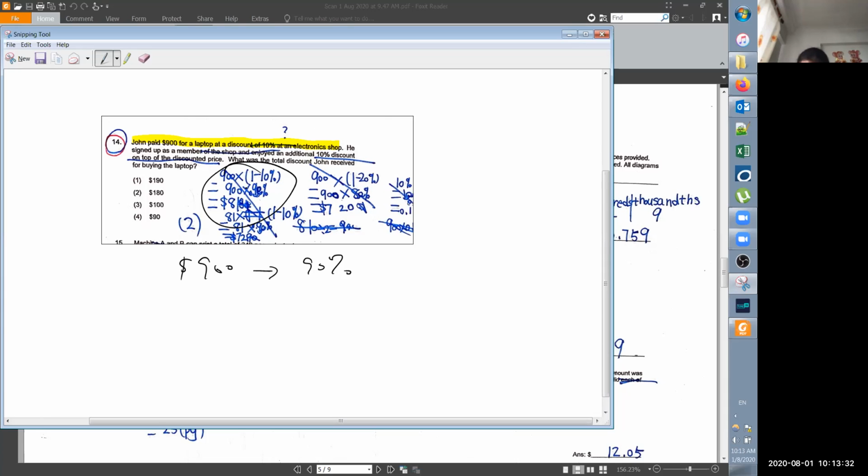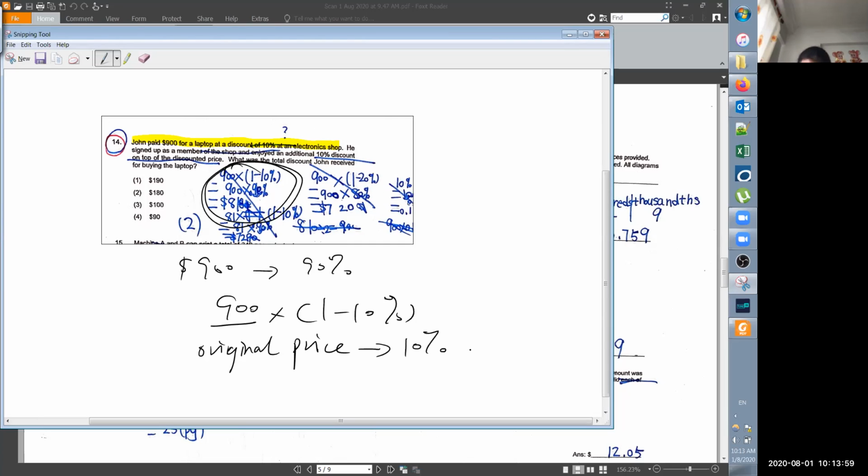Your equation, 900 times 1 minus 10%. What you are saying here, even though you have crossed it out, is 900 is the original price. And now you times 1 minus 10%, you are saying this is given a 10% discount.